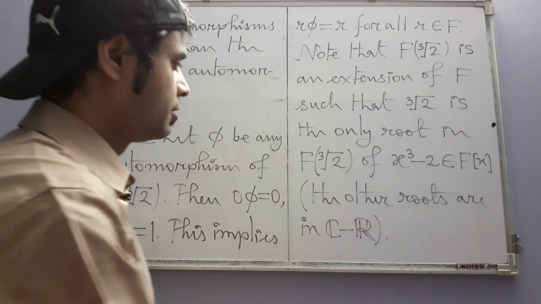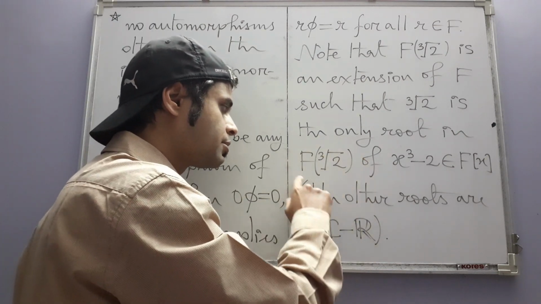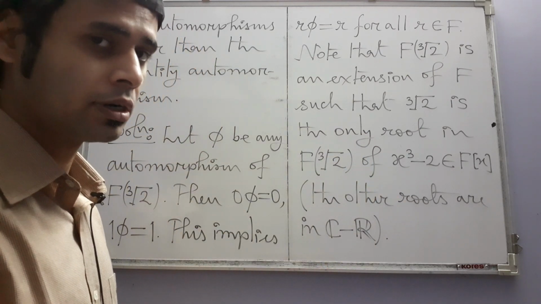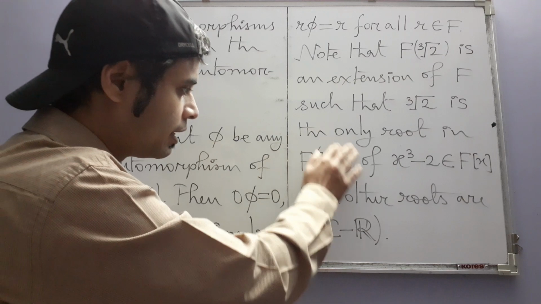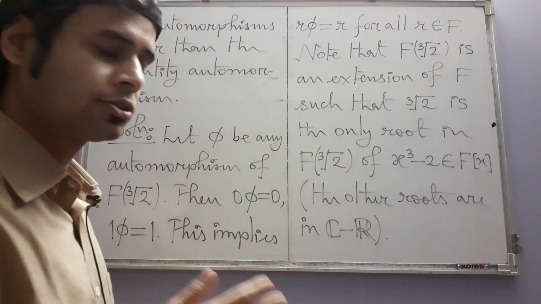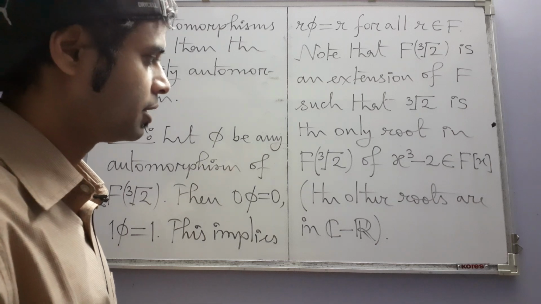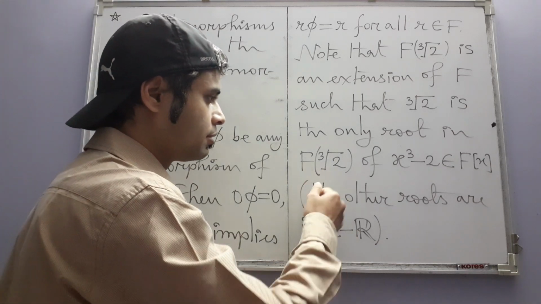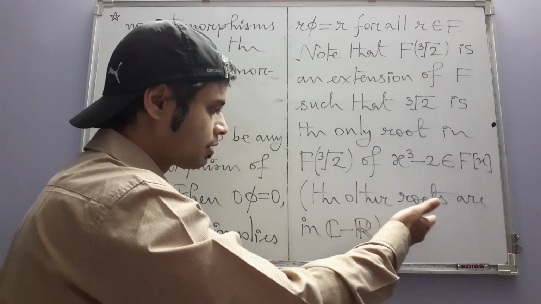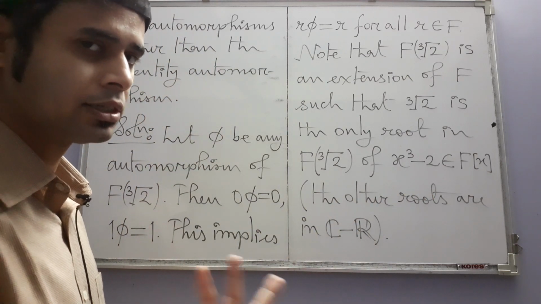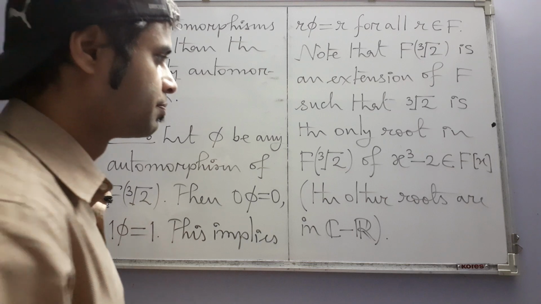That is because this extension consists of only real numbers, or rather I should say all the elements in this extension are actually real numbers and none of them is a non-real complex number. That's because we have just now seen how the general elements in this extension look. So they are just all real numbers.